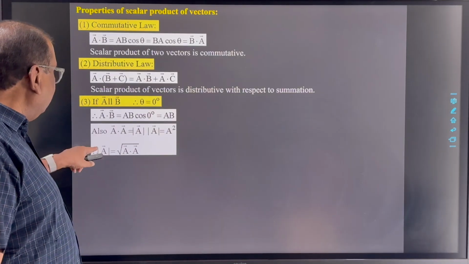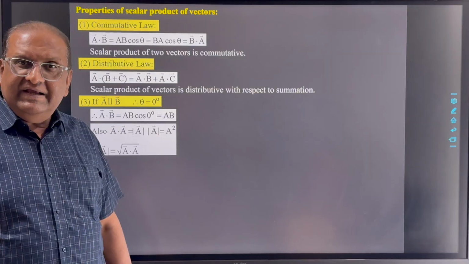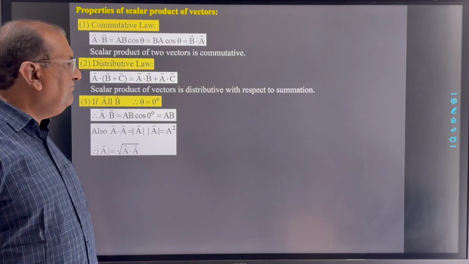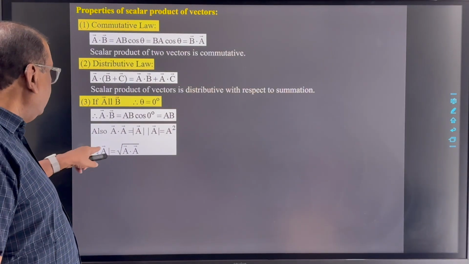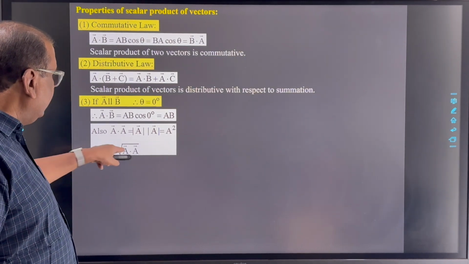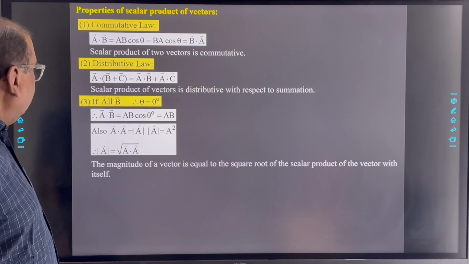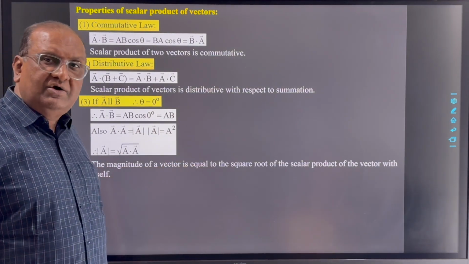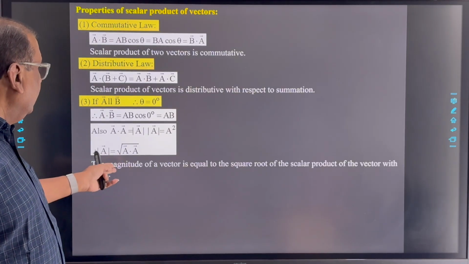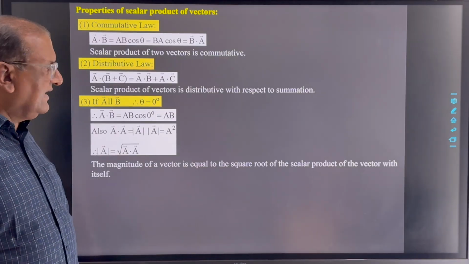So we can write the magnitude of A is the square root of A dot A. It implies that if we have a vector and we want to find its magnitude, then easily we can calculate it with this relationship. Okay? Now, the magnitude of a vector is equal to the square root of the scalar product of the vector with itself, right?